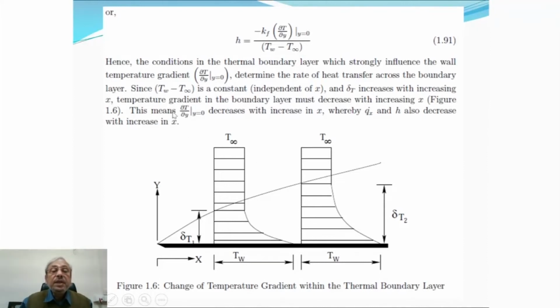So this means del T del y at y equal to 0 decreases with increase in x, whereby heat flux and h also decrease with the increase in x.